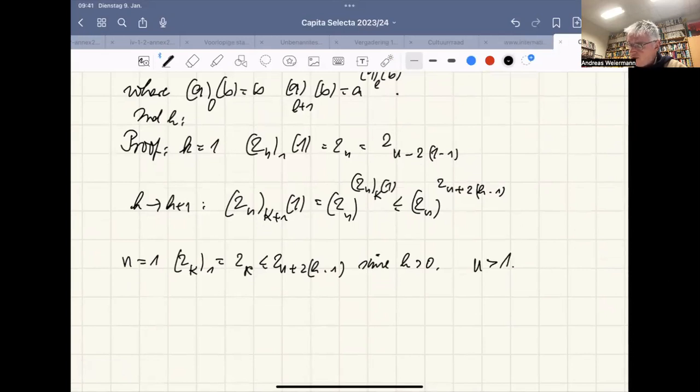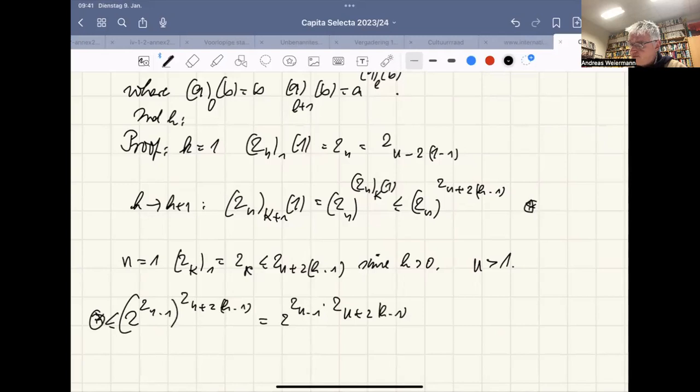Why do we do so? Because we now go into the definition. So this is star. Star is bounded by 2 to 2n minus 1, 2n plus 2k minus 1. This is the same as 2n minus 1 times 2n plus 2k minus 1. Now this is the same as 2 to the 2n minus 2 plus 2 index n plus 2k minus 1 minus 1.